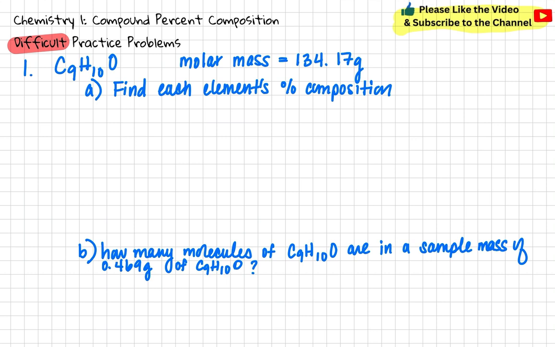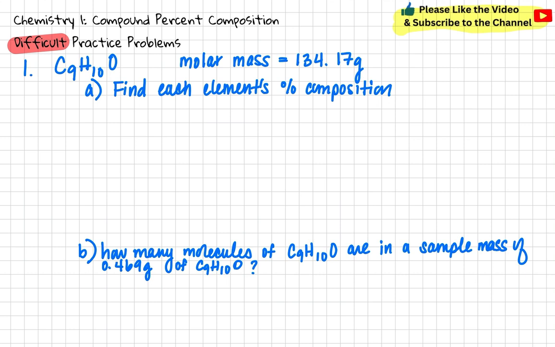So the first one, we have C9H10O. That is a molecule that we are going to be covering in this problem. And for time's sake, I put the molar mass. If you want to know how to find the molar mass of a molecule, I have a link below of the video that I posted on that topic.